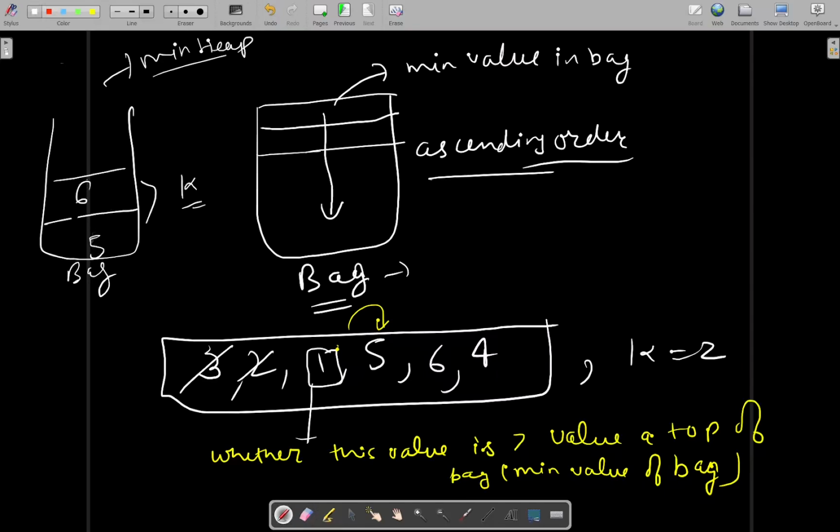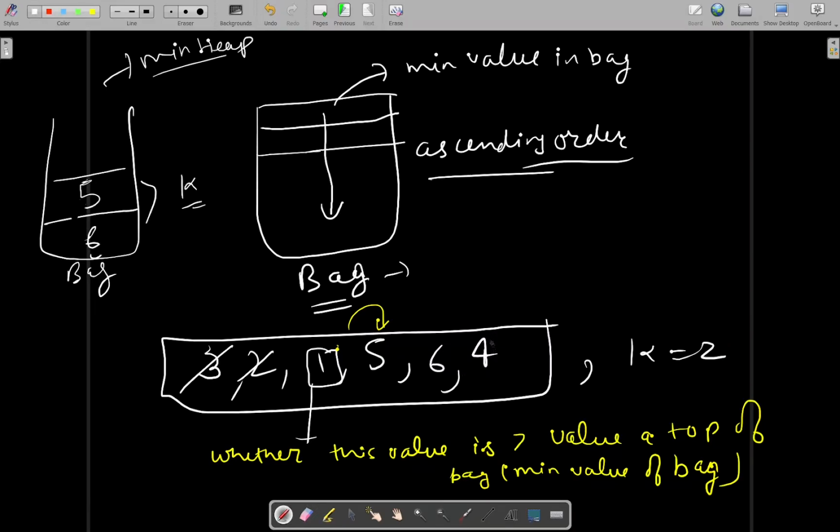But the minimum value is not 6 in the bag now, it's 5. So you will rearrange these values: it will be 6 here and 5 here.